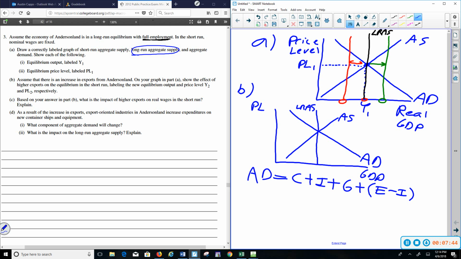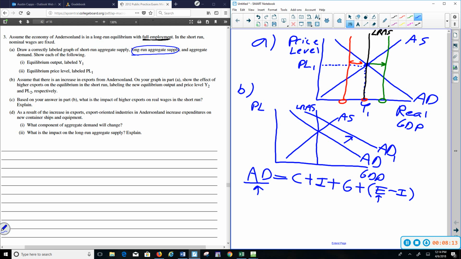Now, because exports, this E right here, is a positive value, if it increases, then by definition, just by doing this equation, aggregate demand must increase as well. So an increase in exports will boost aggregate demand, and we will experience a rightward shift in the aggregate demand curve.